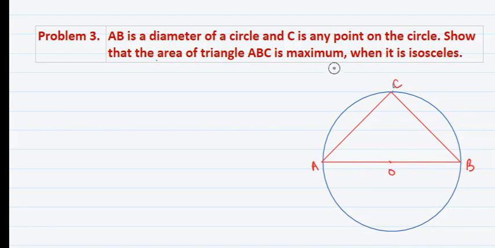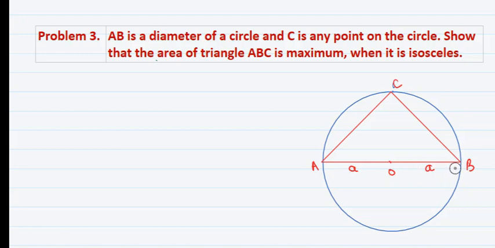Understood? So again, the two things we need to find out from the question: one is what is given, and the other is what is to be found out or done. So here AB is the diameter of the circle, means the length of the diameter is given to us. Let us consider that a is the radius of the circle. Clearly the diameter will be 2a, which is the given part, and the given part we will take as a constant.